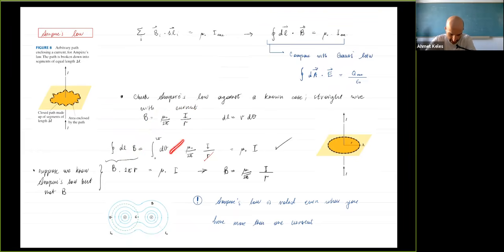If you do this, you can see r cancels, mu0 is constant, I is constant. What remains is just an integral over d theta, and this integral will give you 2 pi, which will cancel this 2 pi. So you are going to get mu0 times I, as you should. This means Ampere's law is actually working for a single straight wire.